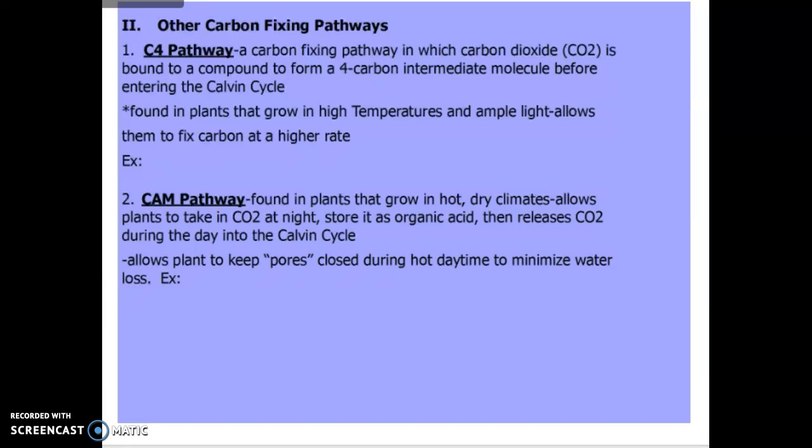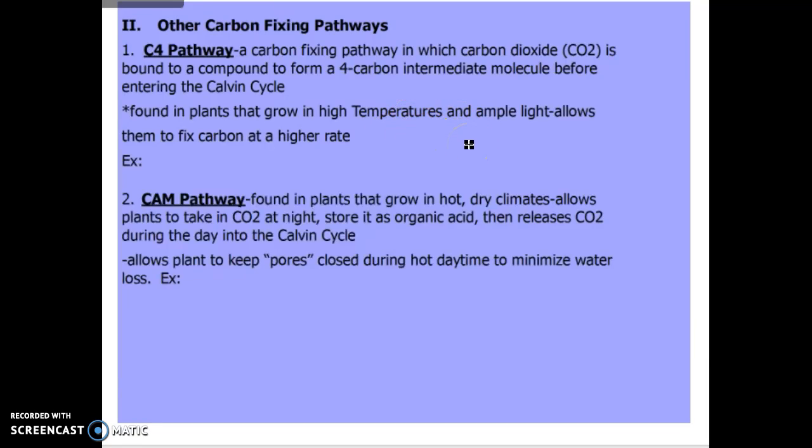And then there's a couple of other carbon fixing pathways that some plants have, but not all plants have. And we have plants that grow in a variety of different environments. So think about some of the adaptations, for example, of plants that grow in really high temperatures.